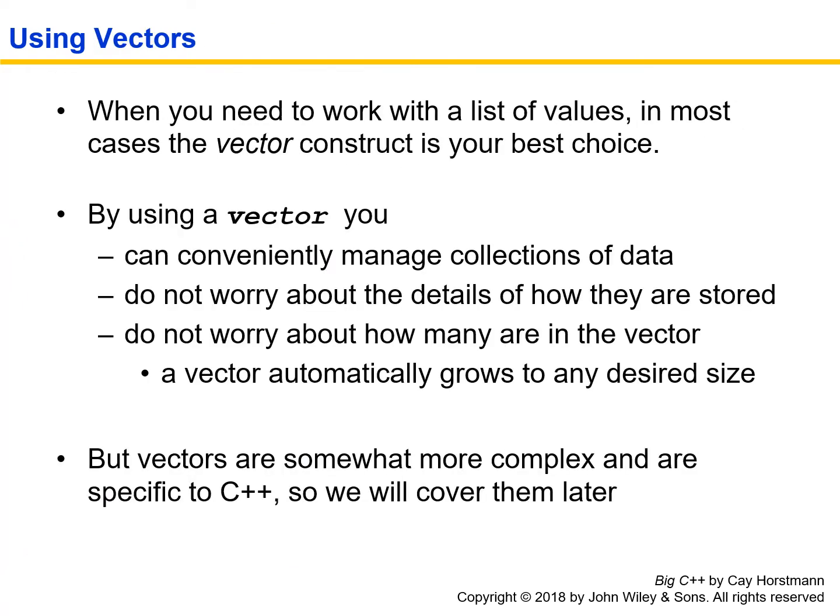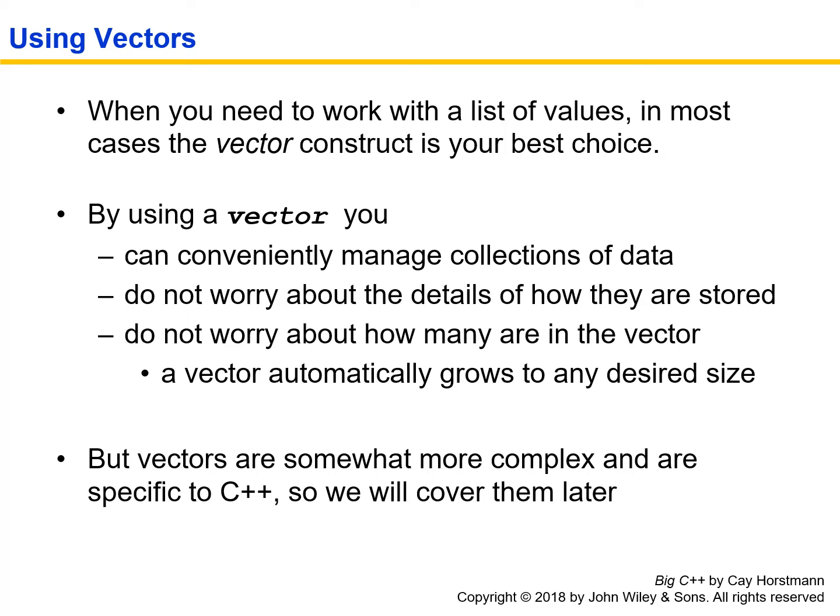When you need to work with a list of values, in most cases, the vector construct will be your best choice. By using a vector, you can conveniently manage collections of data. You don't have to worry about how big the block of memory they're being stored in is, or how many values you have in the vector, because it will automatically grow or shrink to any desired size.